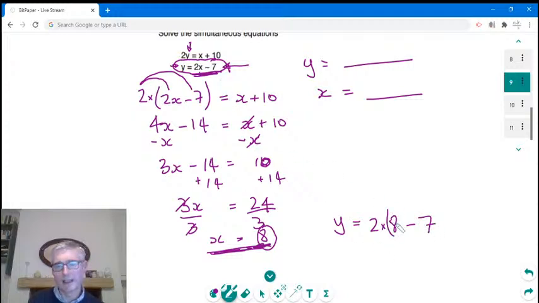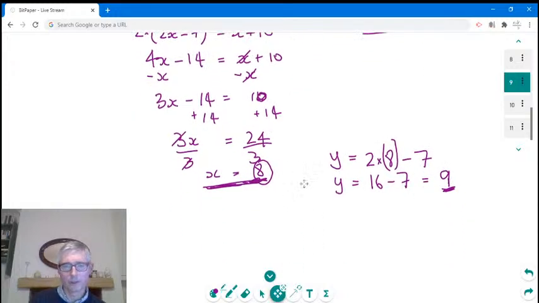So all I've done is I've just replaced the x by 8, and if I multiply that out, I end up with 2 times 8 is 16, take away 7, and so that equals 9. So we've done it. So we've ended up with x equals 8 and y equals 9.